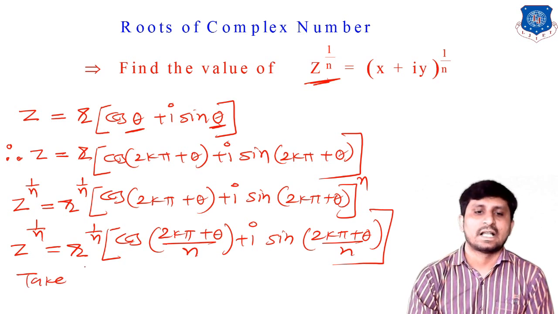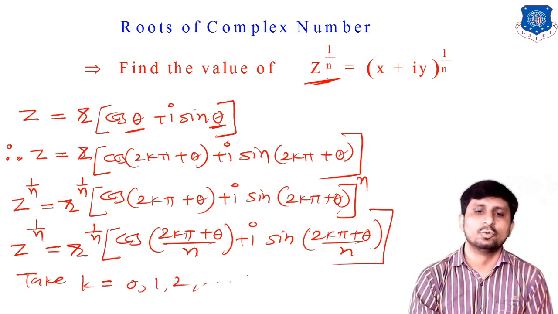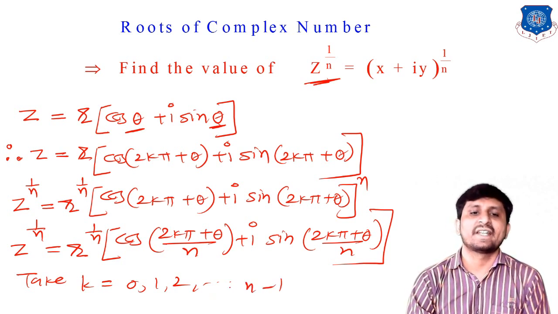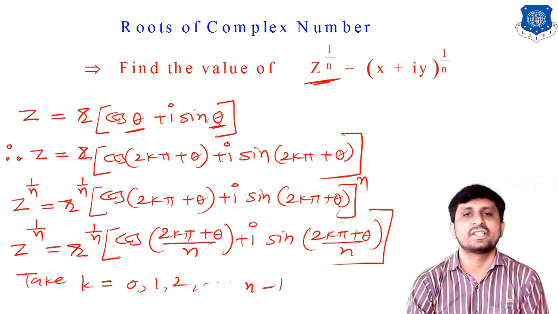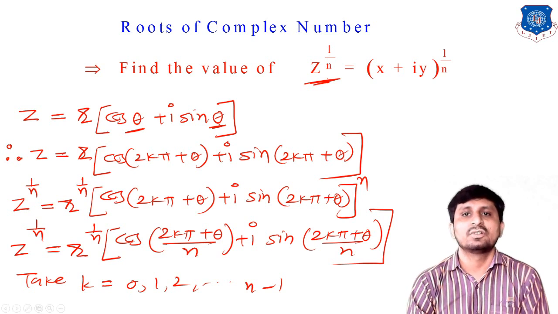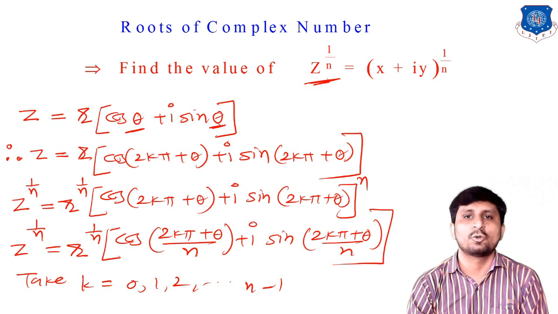Now take k equal to 0, 1, 2 up to n minus 1. That means if you want the square root of any complex number, take k equal to 0, 1. For the cube root, take k equal to 0, 1, 2. For the fourth root, take k equal to 0, 1, 2 and 3.